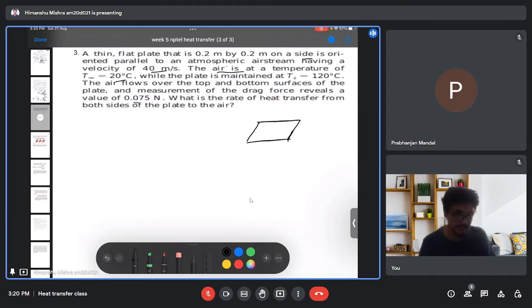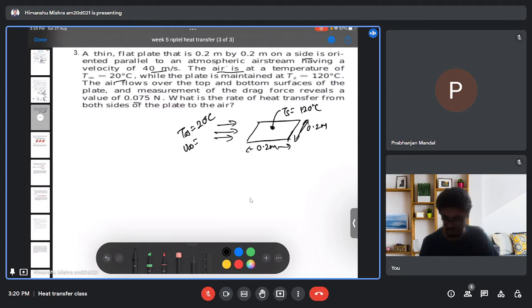Let's say this is my plate, and the question says that there is an incoming flow from the left hand side, and that this dimension is 0.2 meter by 0.2 meter, and the temperature of my plate is 120 degrees Celsius, whereas the temperature of the flow which is coming from the left is 20 degrees Celsius, and we have given the velocity as 40 meter per second.